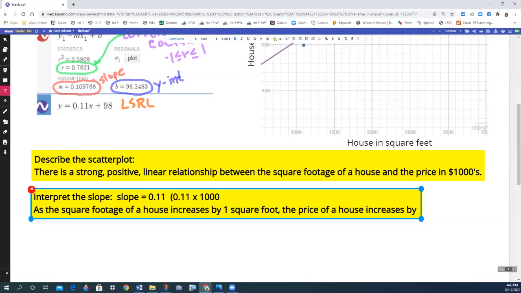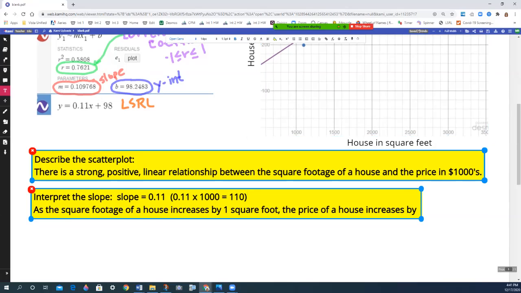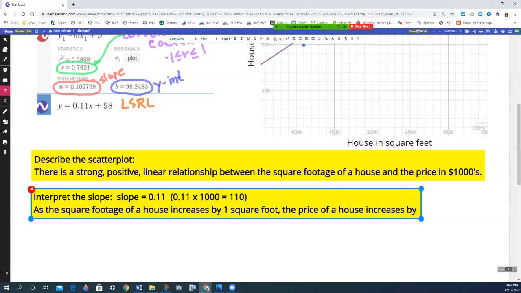So it's not 0.1, it's not 11 cents. This is in thousands of dollars, okay? And when I do that math, it's really 110. So that 0.11, which it is 0.11, but again, that's in thousands, okay? So that's really going to be $110. We generally aren't going to have ones where we're going to have to convert it like this, but I just want to be accurate for this problem.